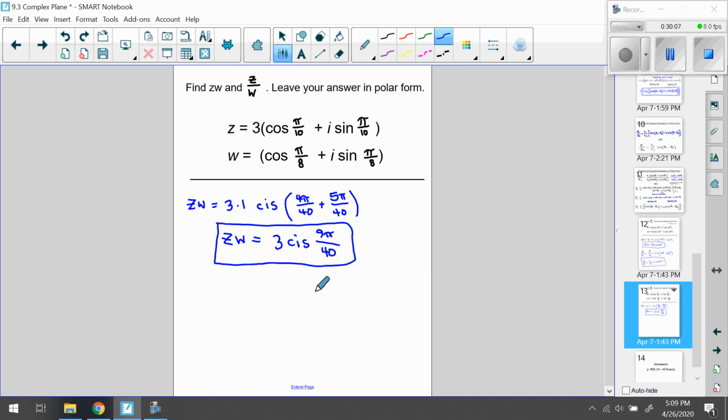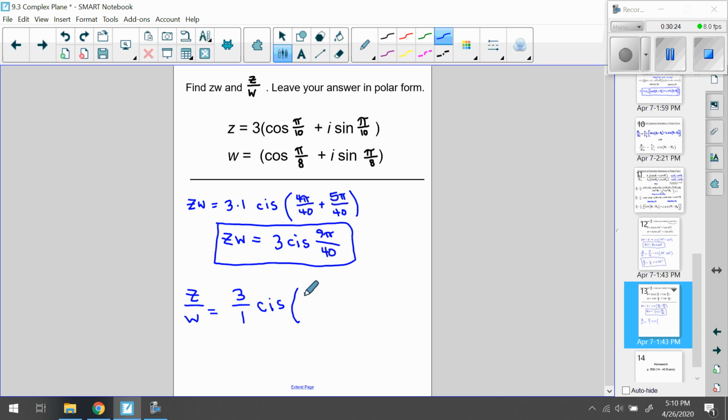All right, easy enough. And then for the quotient, last part here, we'll do 3 over 1, which will still give us 3. And this time we're going to subtract. So I'm going to go ahead and use the work that I already did up here.